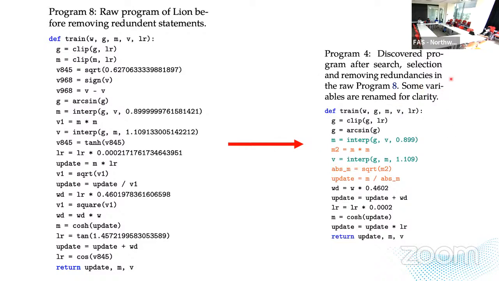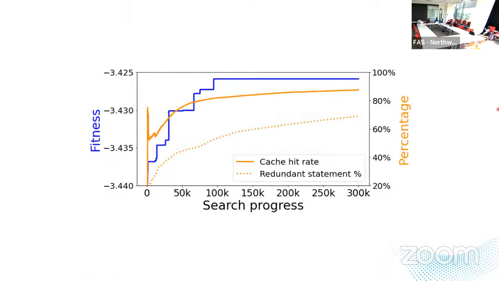If we talk a bit about these redundant statements, as we progress in the search space, this blue line indicates the fitness. This cache hit rate means that at the end of all the steps, it seems like we have mostly encountered 89% which are already existing in the cache.